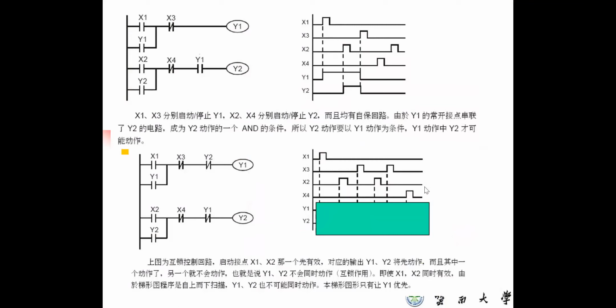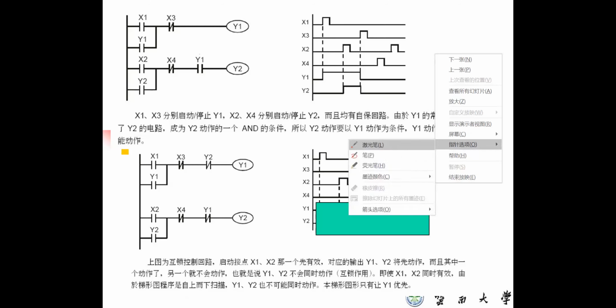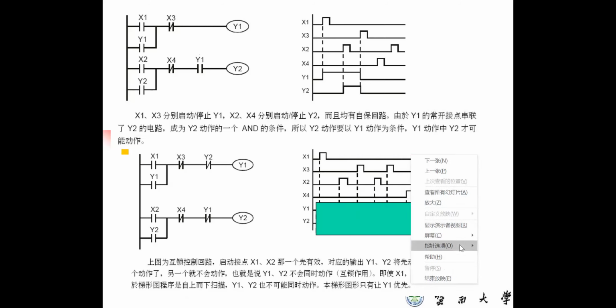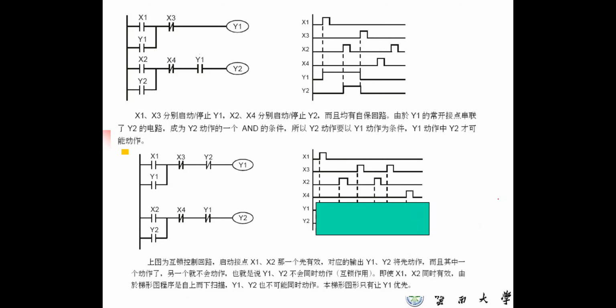Maybe we can see this example. Maybe this is a belt, and this is a model. This belt can do forward or reverse running.